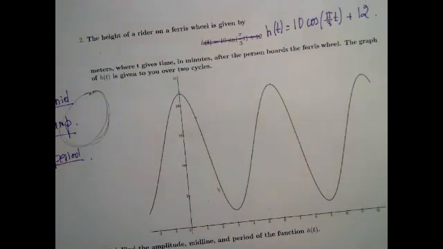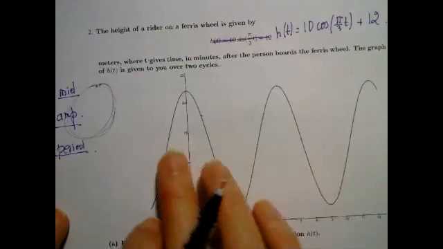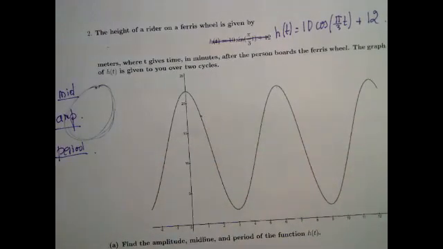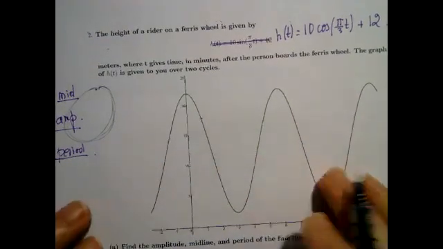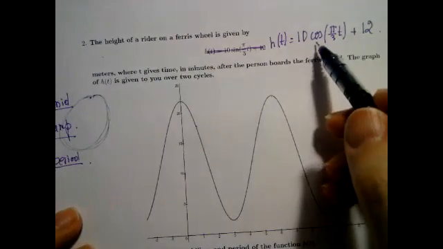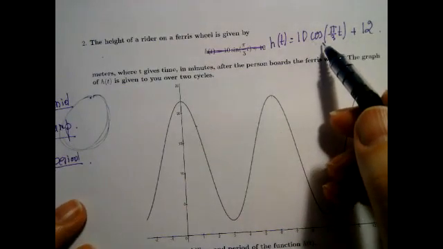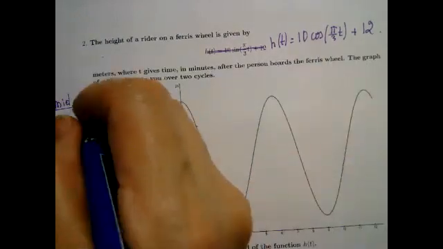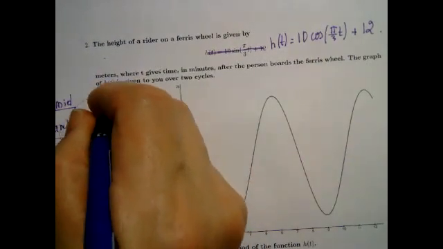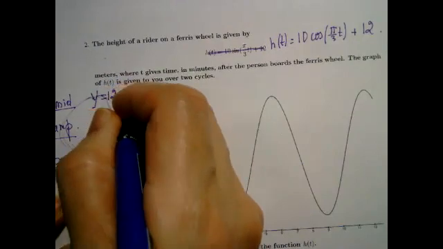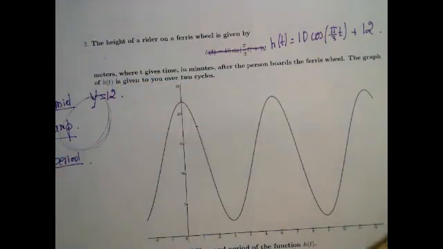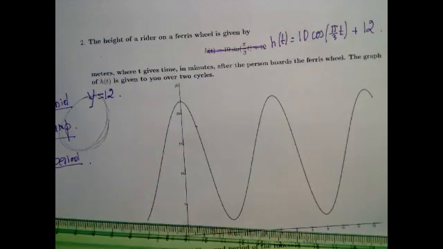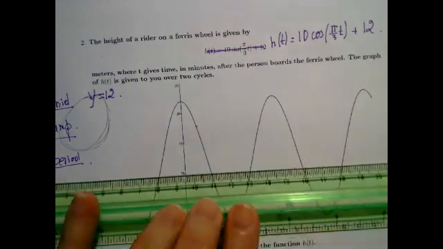So first I want the midline, because the midline is very helpful when I'm drawing graphs. Okay, the midline is y equal to 12. This is the cosine function, this will stretch it and this will shift it. So the midline is y equal to 12. On my graph right here, whenever I have cosine, the midline is tremendously helpful for us.